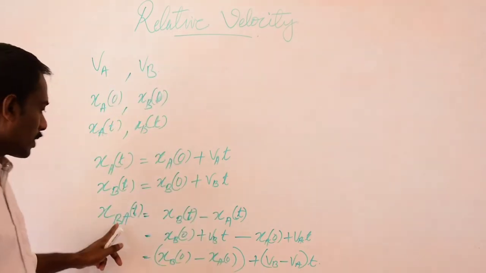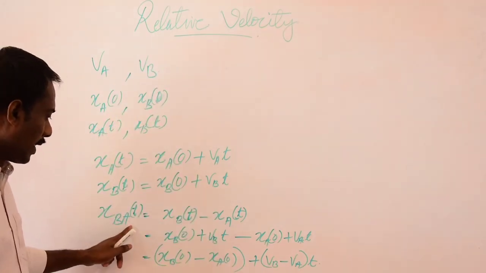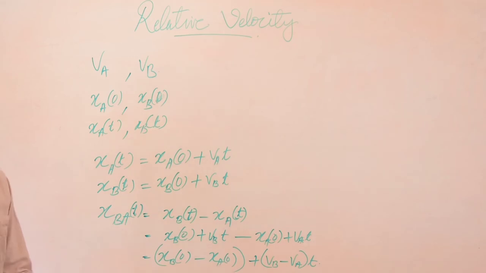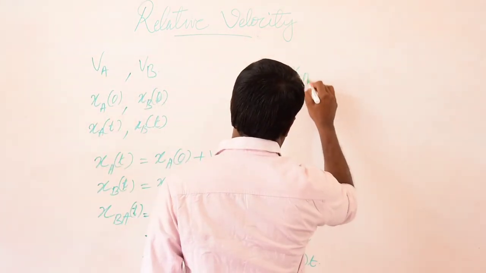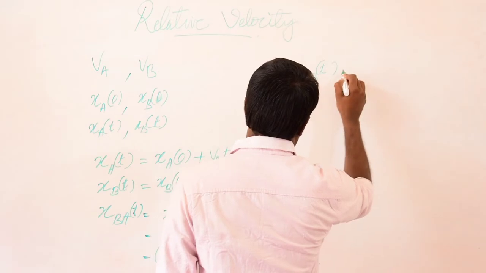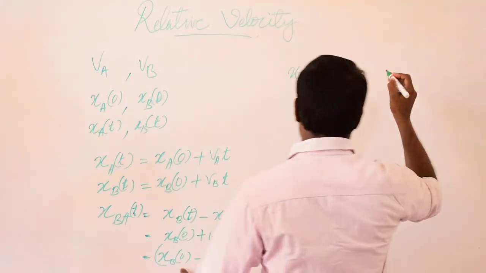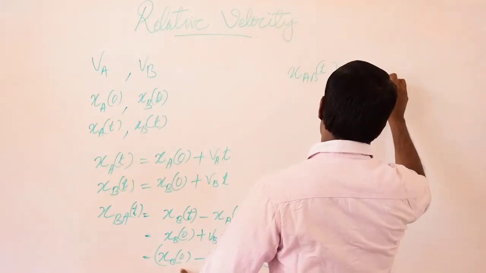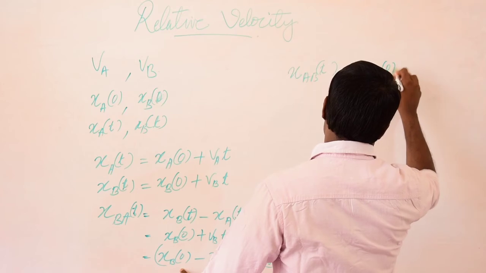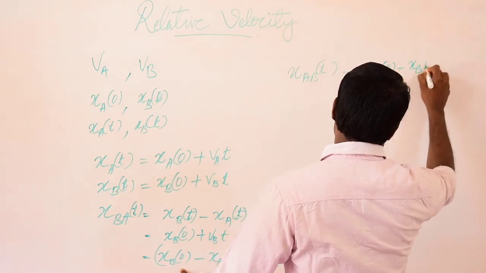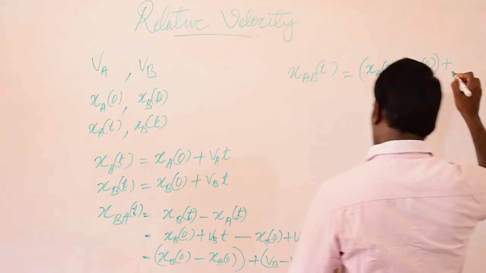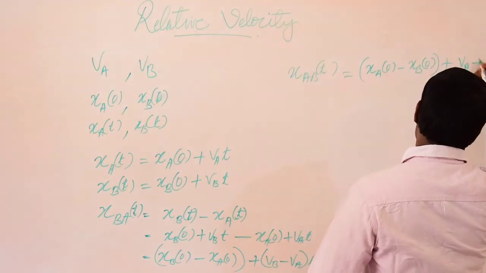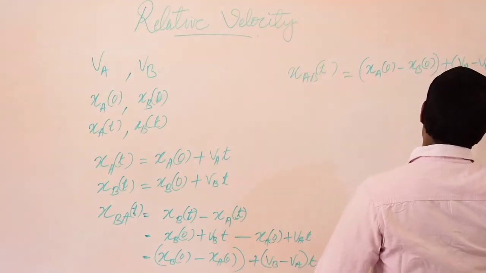The displacement of vehicle A from vehicle B can be written directly as xAB at t, which is equal to xA0 minus xB0 plus (vA minus vB) into t.